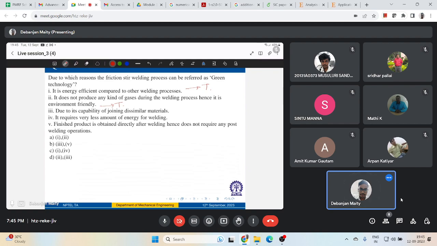In arc welding, you need to use some argon gas chamber maybe to protect the weld pool. Those things are not there in friction stir welding. So one is true, two is true. Mainly for these two reasons, this is termed as a green technology. So here is your correct answer.